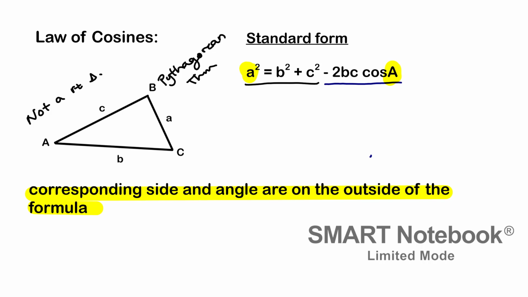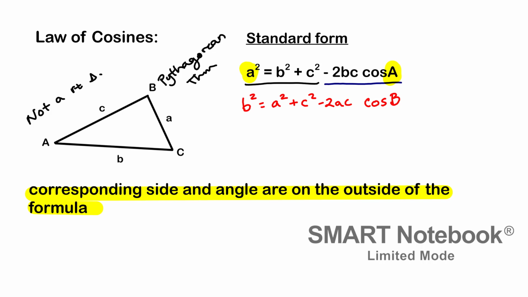So for example, let's say that I want to try and find side b. I start off with b squared, and then I fill in its corresponding cosine of its angle, and then I go into my Pythagorean theorem part with my remaining two sides. That's a squared and c squared. And then 2 times the remaining two sides, so that's negative 2ac. Okay?